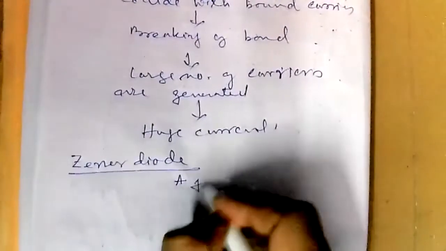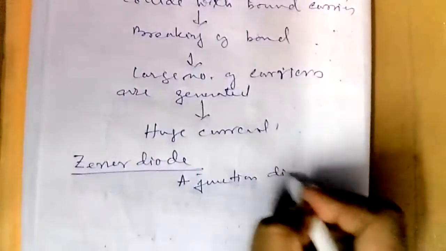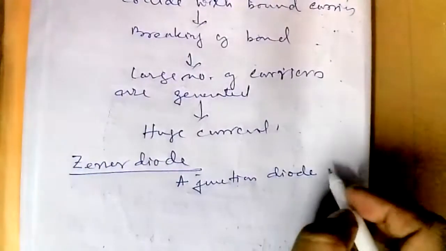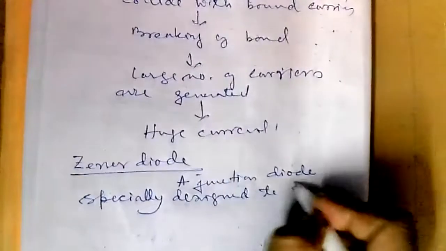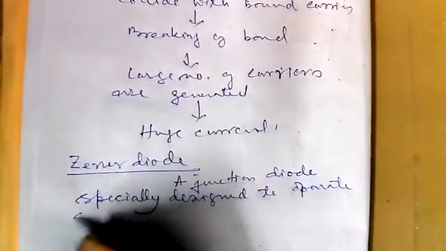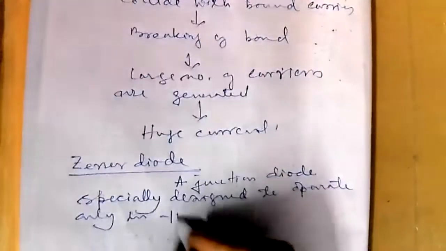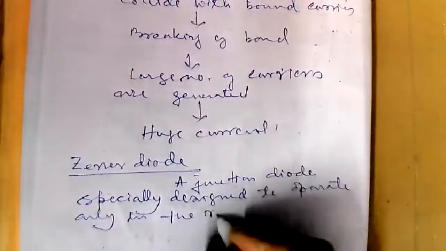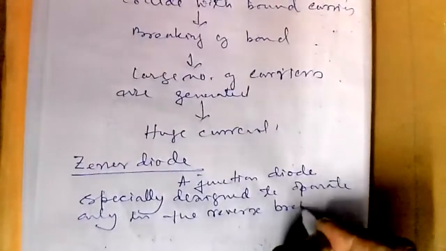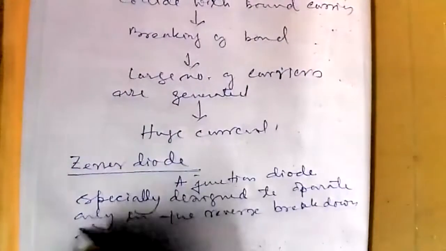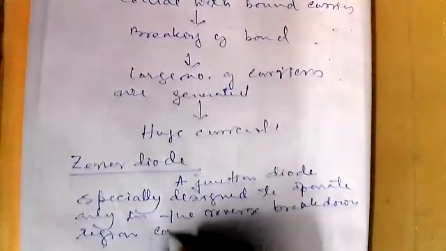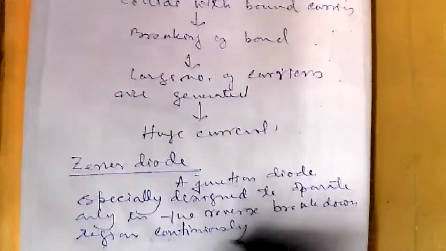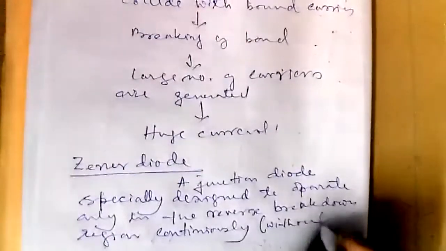It is a junction diode specially designed to operate only in the reverse breakdown region continuously, without getting damaged.